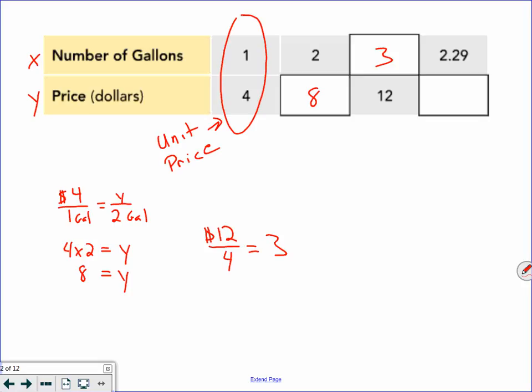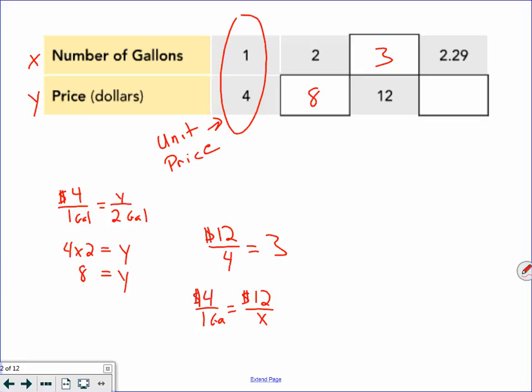Now, again, we could have set that up as the $4 over 1 gallon equals, and then in this case we knew the price was $12 and we didn't know X, our number of gallons.